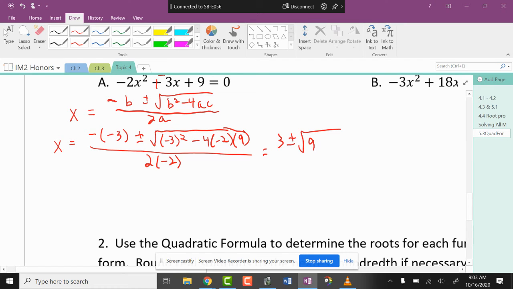Now, here's another mistake. Minus. I'm going to leave this and then do this product. 4 times -2 is -8. -8 times 9 is -72. But it's minus -72. People lose this. They lose their minuses and don't deal with those appropriately, over negative 4. So be careful on that.